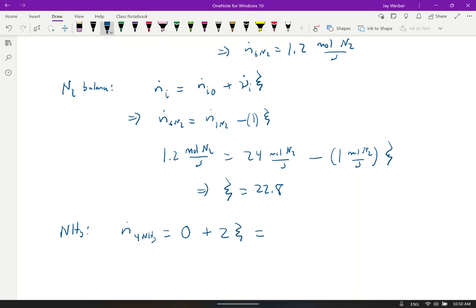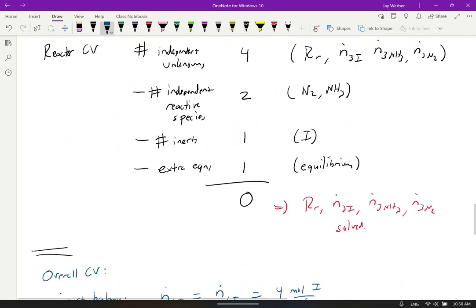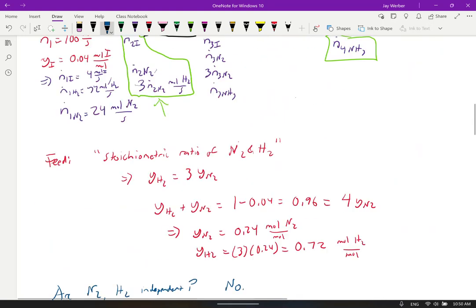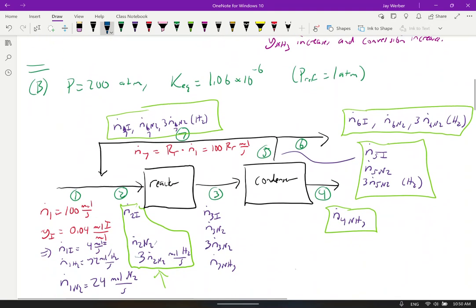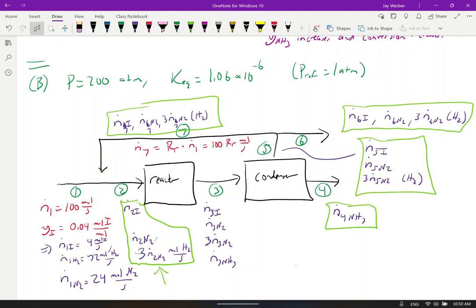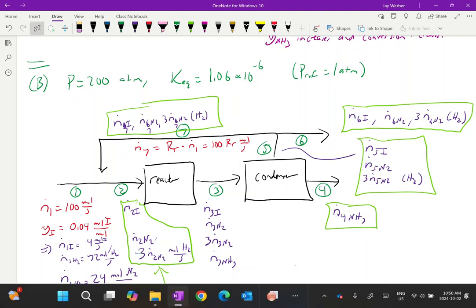And so this is 22.8 times 2, 45.6 moles of ammonia per second. All right. So that is solving for stream 4 and stream 6. And the rest we'll do in Excel. And I'm going to make that a second video and stop this one now.